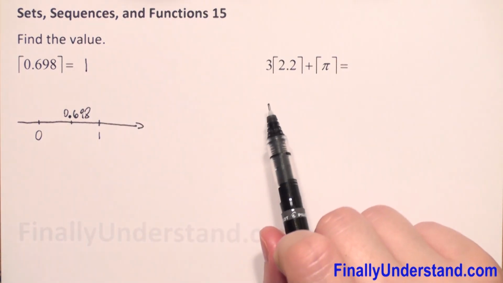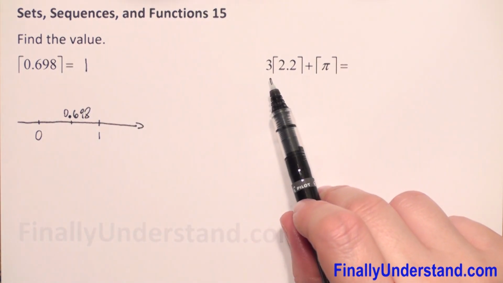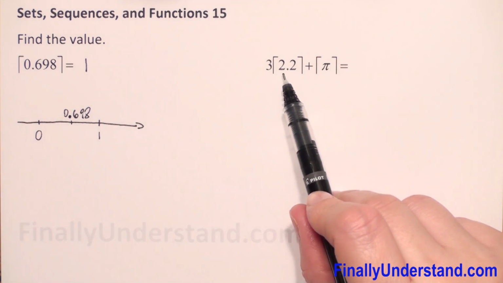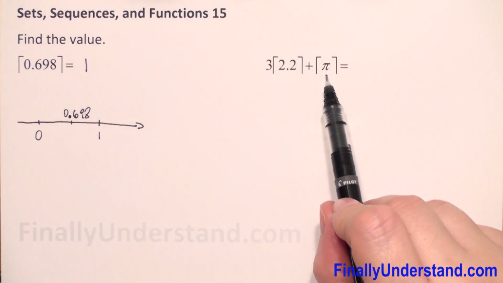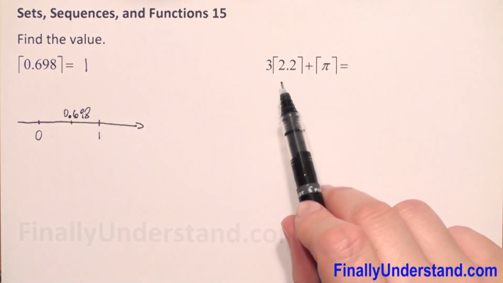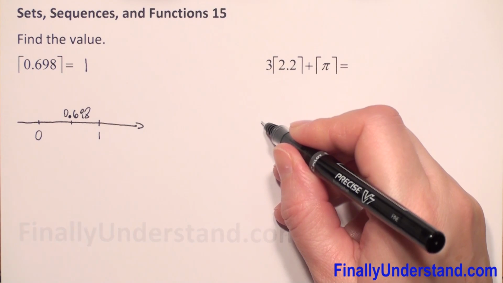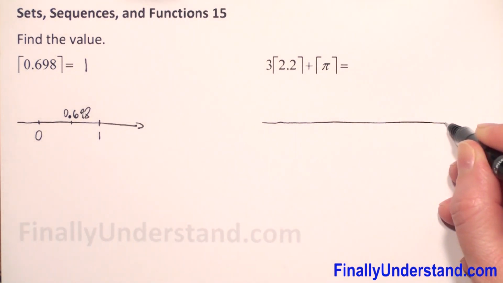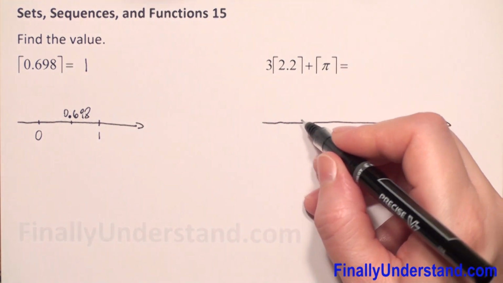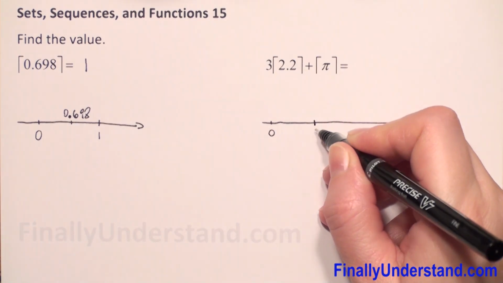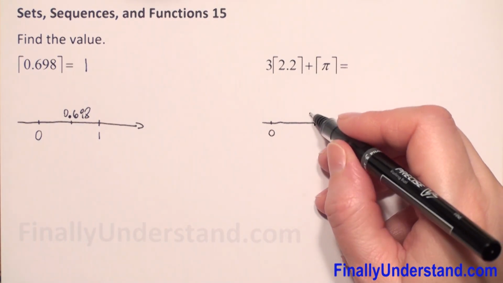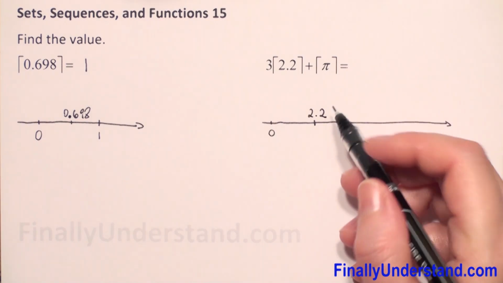This is my solution. Now, in the second example, we have 3 times ceiling of 2.2 plus ceiling of pi. For this example, we will draw a number line again. You have to find 2.2, 0, and put this number here. We have 2.2.